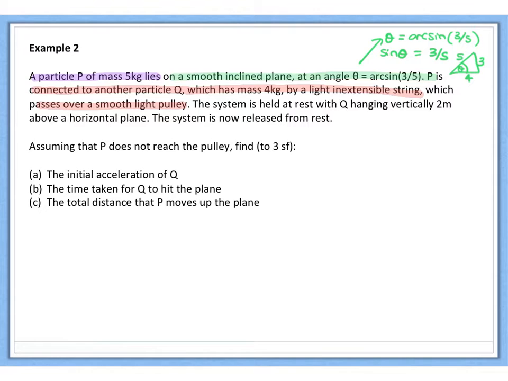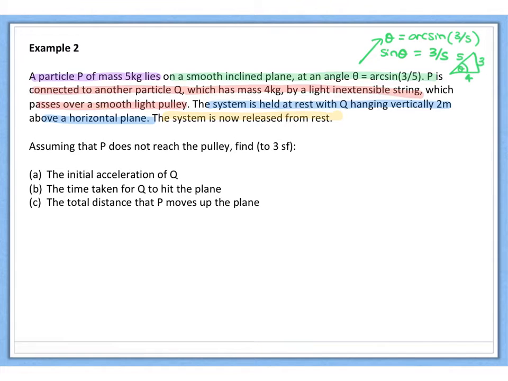Now, the system is held at rest with Q hanging vertically 2 meters above a horizontal plane. The system is then released from rest. So we have 3 things to calculate here, assuming that P does not reach the pulley.